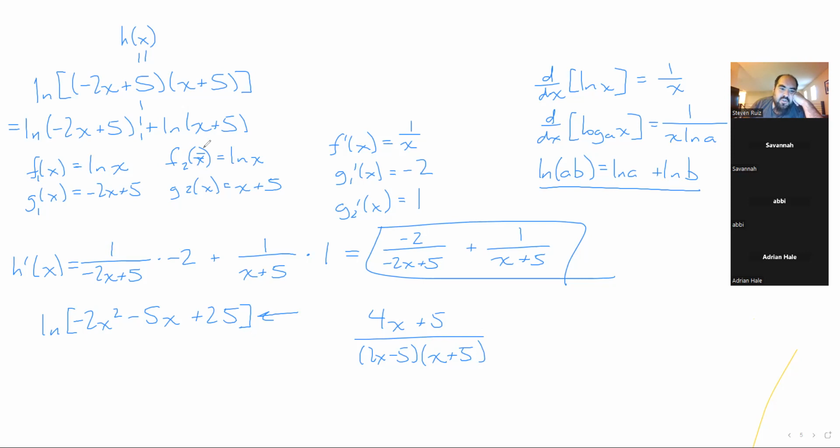We know the derivative of natural log of x is 1 over x, right? But more generally, the derivative of the natural log of something is going to contain 1 over that something. So I know this derivative right here is going to contain 1 over this.